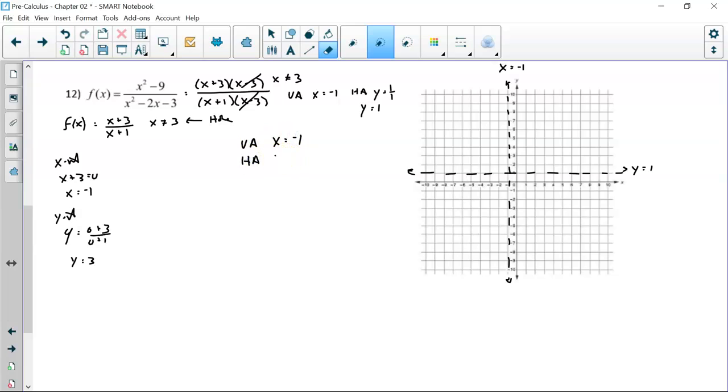Horizontal asymptote is at y equals 1. X-intercept is at -3, 0. Oh, I'm sorry, that's a -3. What was I doing? -3, 0. And our y-intercept is at 0, 3.